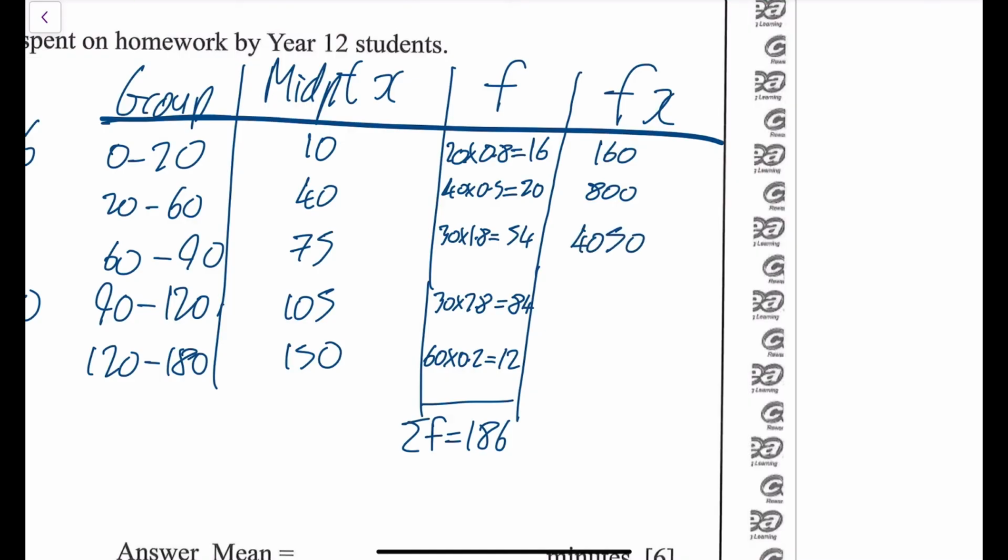And then 105 times 84 is 8,820. And 150 times 12 is 1,800. And let me just check again, adding those all up.